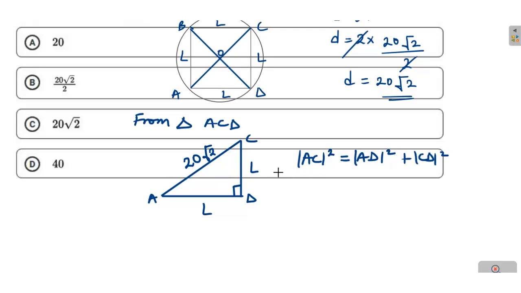So what is our AC? That is 20 root 2, squared, equal to AD, that is L square, plus L square.